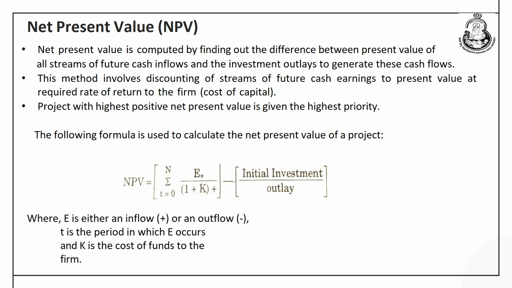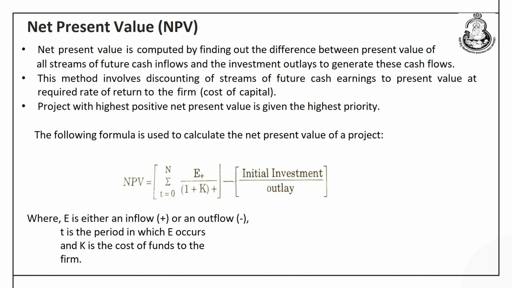That means, here we have two important variables. Number one, what is the investment outlay that a project demands? Secondly, what is the stream of cash inflows being generated from the project in subsequent years, and later on the future cash flows are converted to their present value.